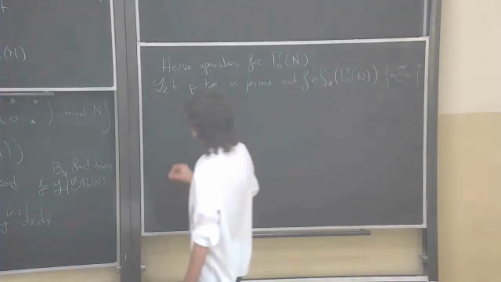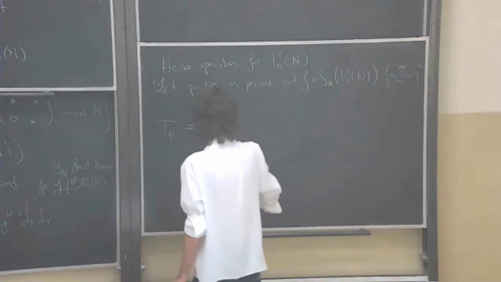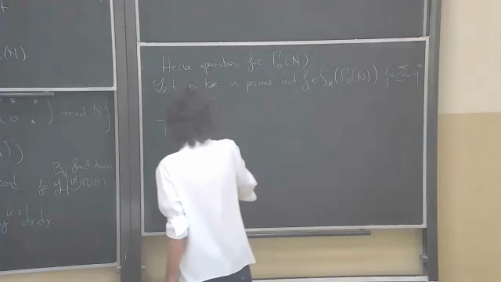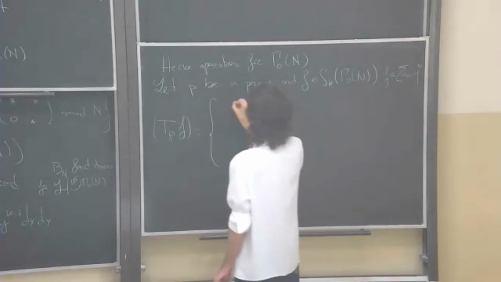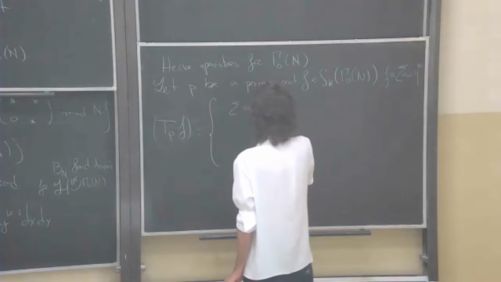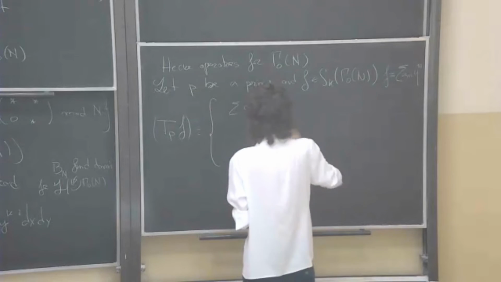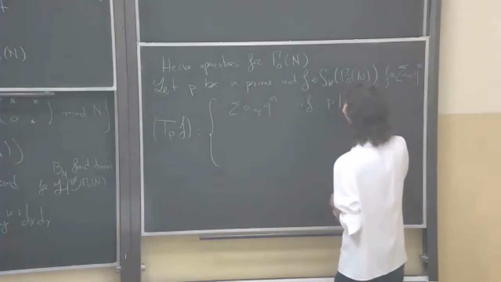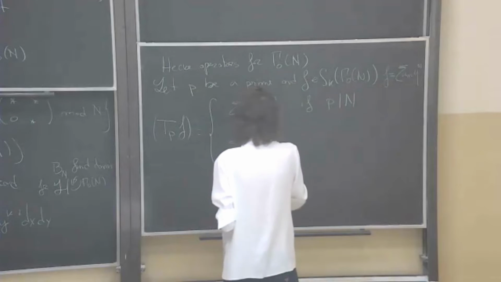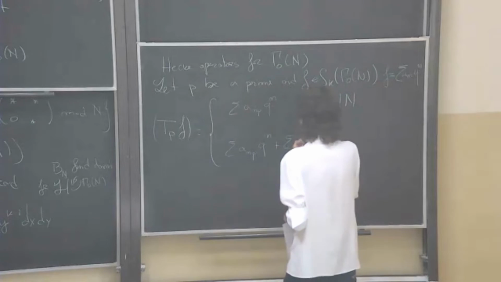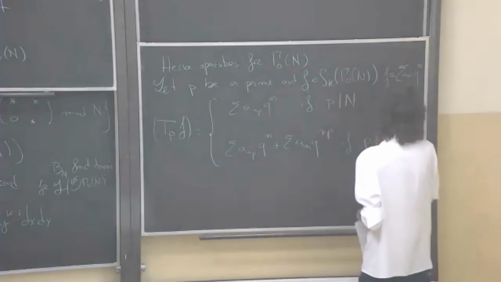Then we define an operator Tp of f as the sum of a_np q to the n if p divides n, and the sum of a_np q to the n plus the sum of a_n q to the np if p does not divide n.